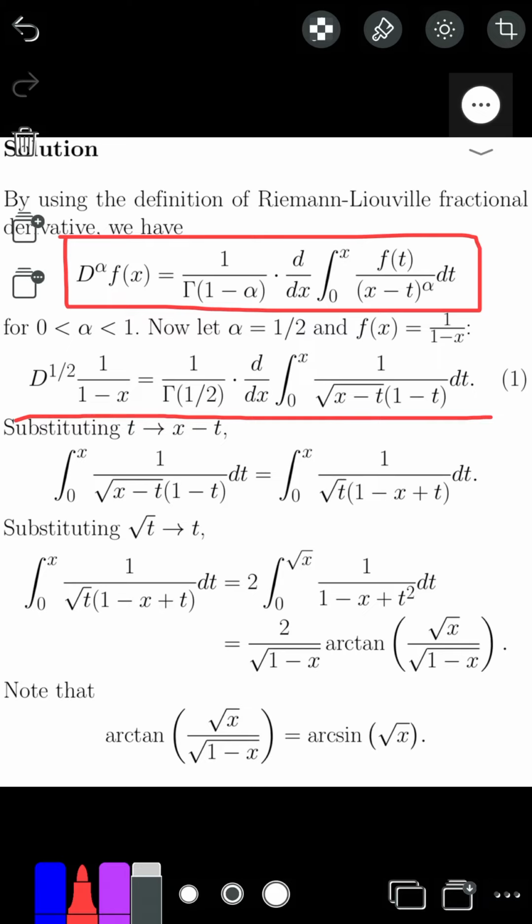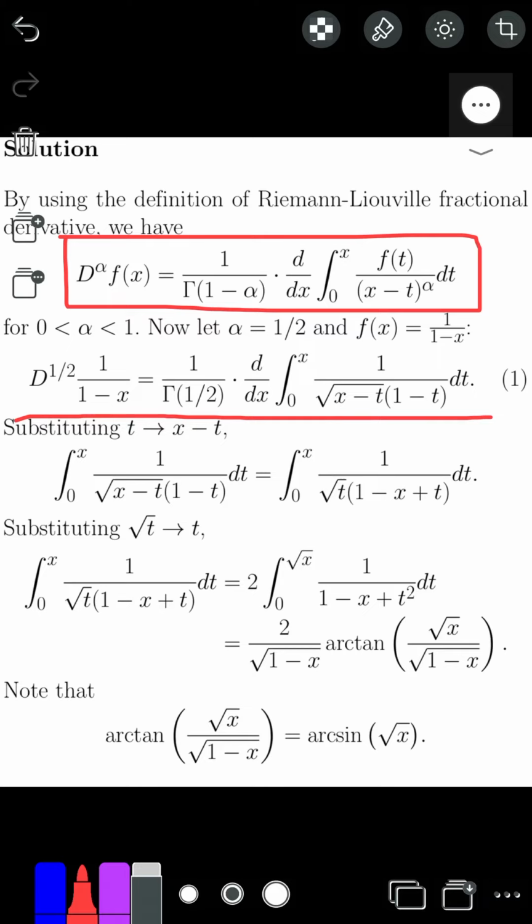The 1/2 derivative of 1 over 1 minus x is equal to 1 over gamma of 1 minus alpha. Alpha is 1/2, so 1 minus 1/2 is just 1/2, and we get 1 over gamma of 1/2, times d over dx, the first derivative with respect to x, of the integral from 0 to x of f of t over x minus t to the power of alpha.